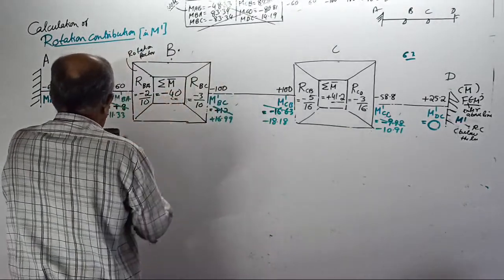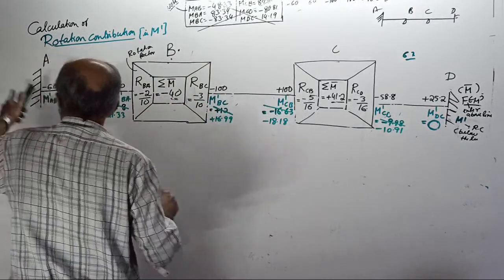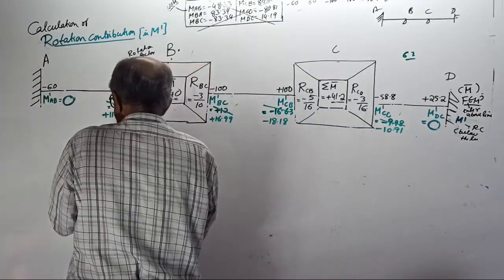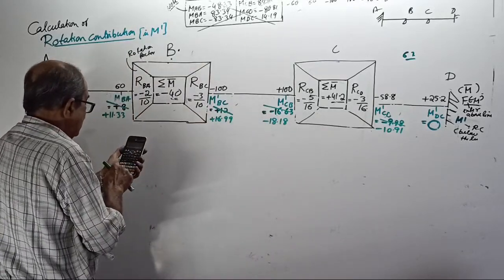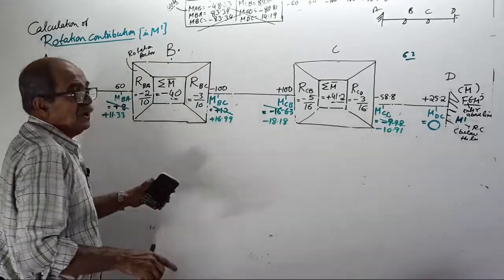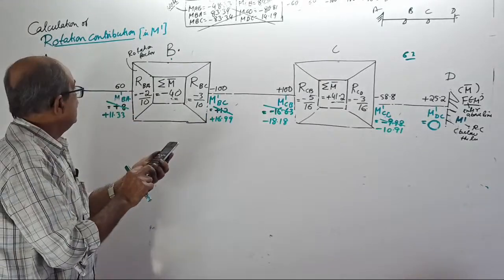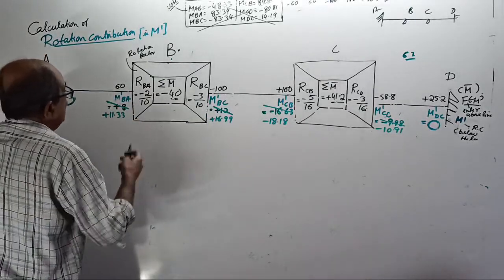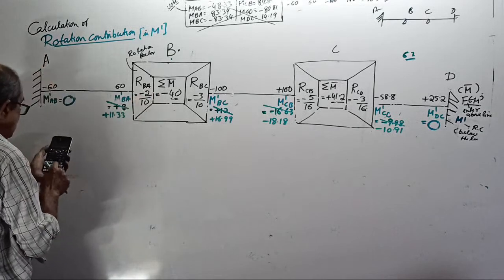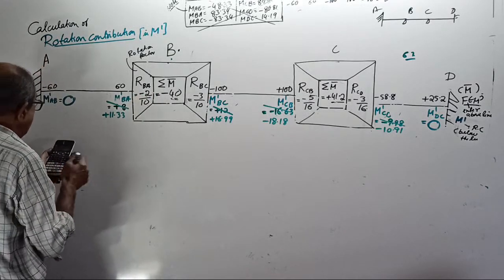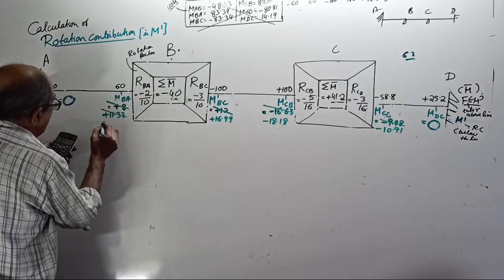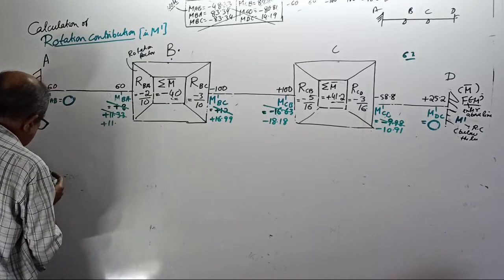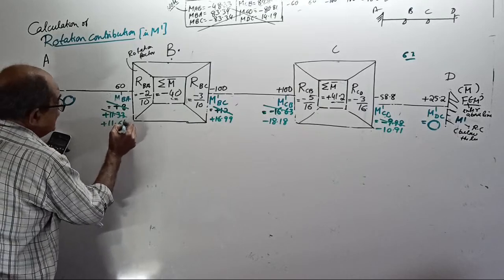Minus 40, far end 0, far end this side minus 18.18. Whatever I got, I multiply by minus 2 by 10, into 2 divided by 10. Cut the previous, it becomes minus plus 11.64, second decimal.